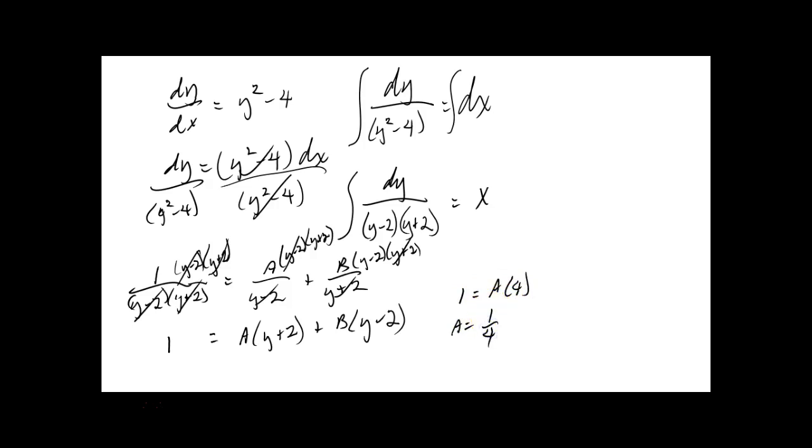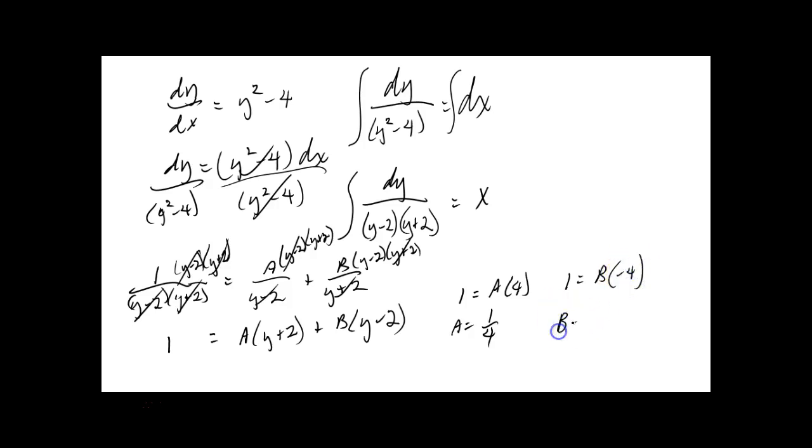Now we're going to do the same thing, only different. Choose y equal to negative 2. That will wipe out the A term on this side. With y equal to negative 2, this would go away, and you have 1 equals B times negative 4.